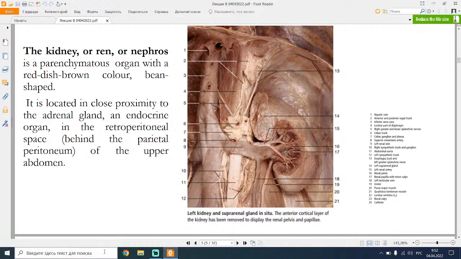The kidney, or ren or nephros, is a parenchymatous organ with reddish brown color, bean-shaped.